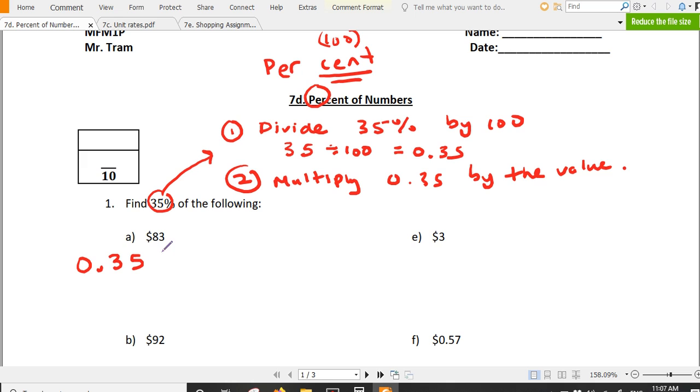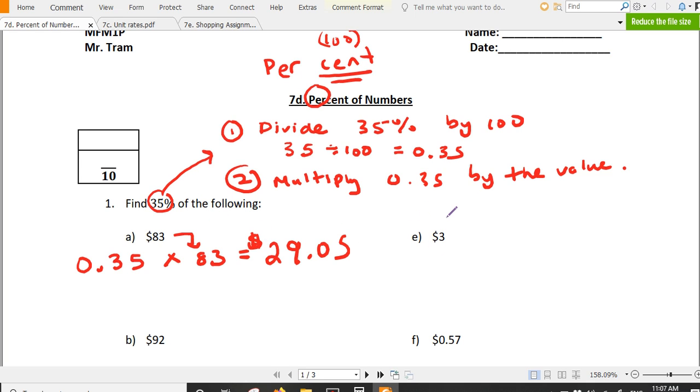And now I just multiply this by $83. Okay, so 0.35 times 83. That means 35% of $83 is going to be $29.05. Okay, that's it.